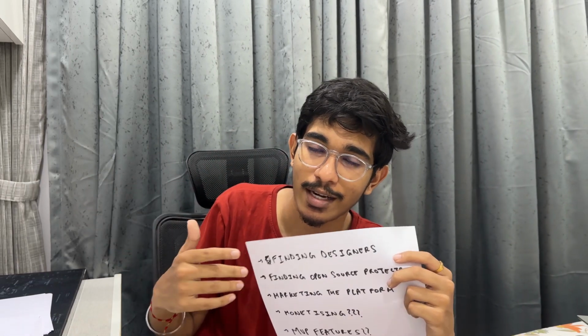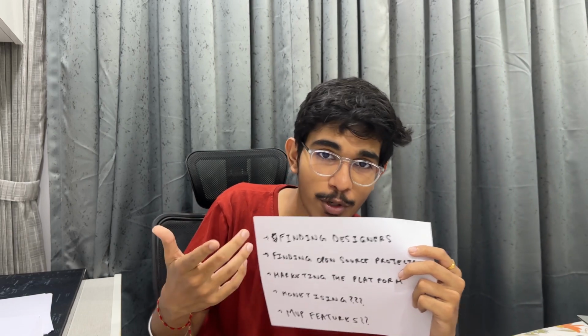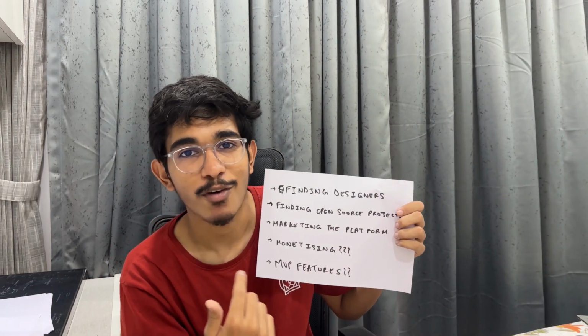It's like finding the open source projects that would be willing to come to my platform and give me their projects that I can broadcast to people and get people on to contribute to them. And obviously I'll need designers, because without designers this platform is nothing. So what I really need to do is build a community of designers, or get designers somehow to the platform, so that I can get these open source projects to come to the platform and give us the requirements that we can help them solve.